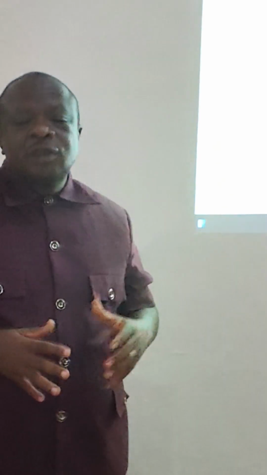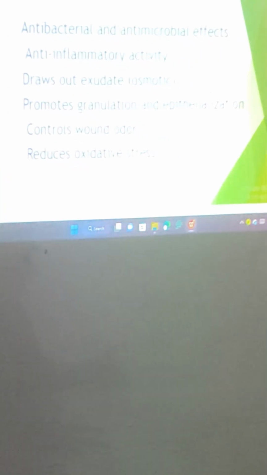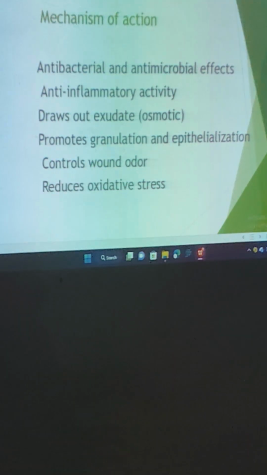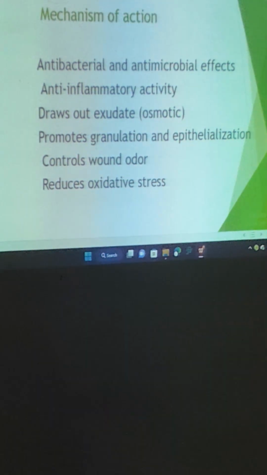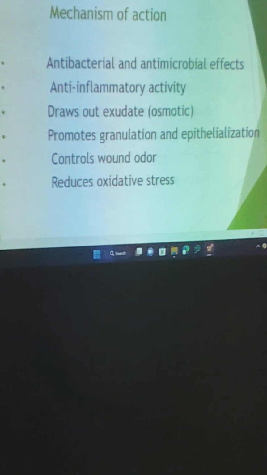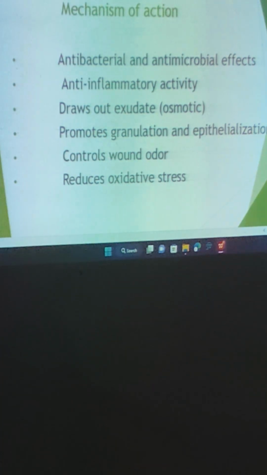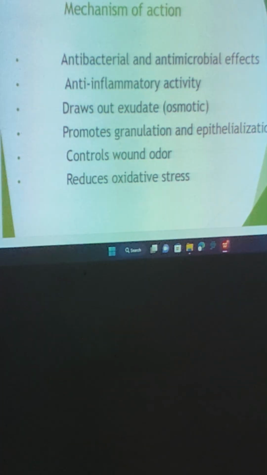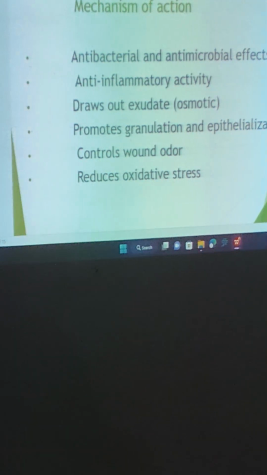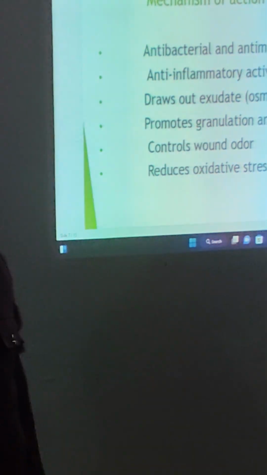It has osmotic property. This osmotic property helps in killing bacteria. It promotes granulation and epithelialization. It controls wound odor. It is bacteria that cause the odor that makes a wound smelly. When honey kills these bacteria, the odor will be reduced.